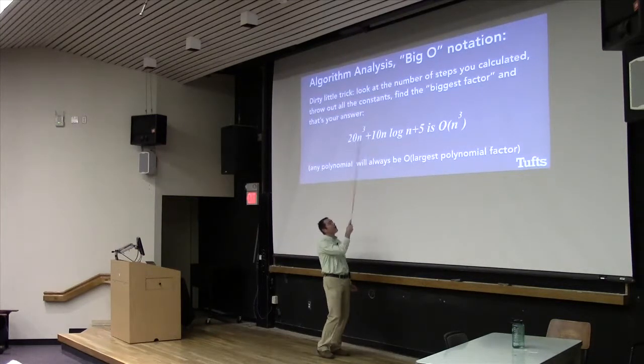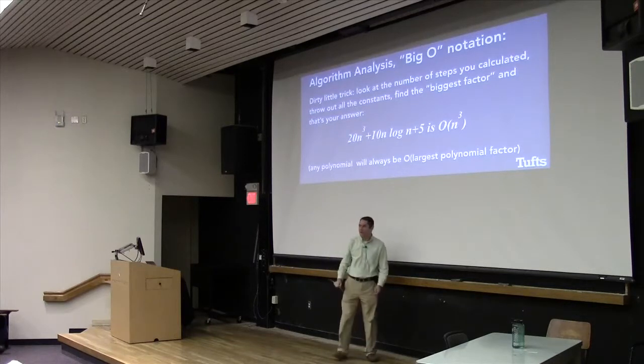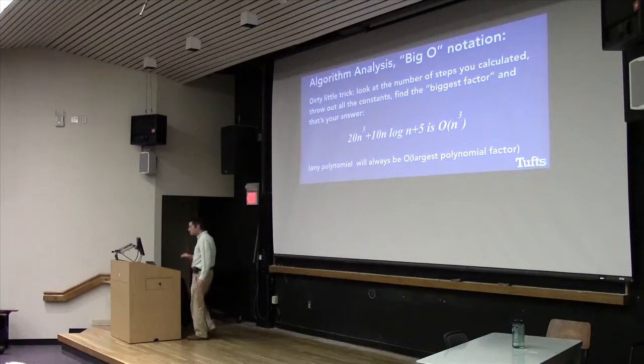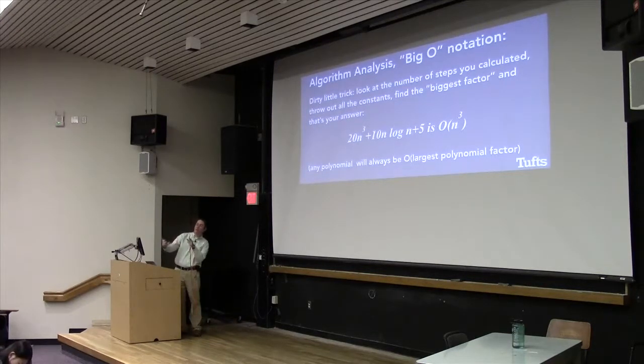And so therefore, we just say this is big O of n cubed. That's it. Pretty straightforward. This stuff tends to confuse people. There are lots of other pieces to the big O notation that we are not going to cover in here. If you take an algorithms class, you might get into some of that. But we're going to talk about big picture stuff here. Questions on that? All right.